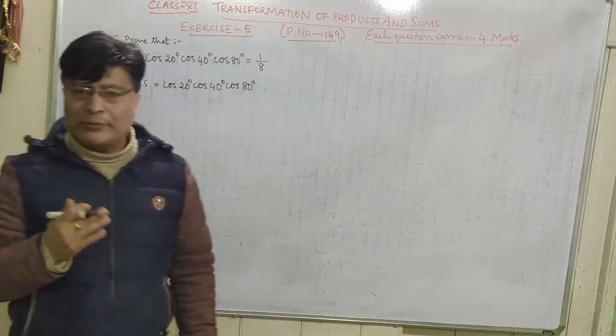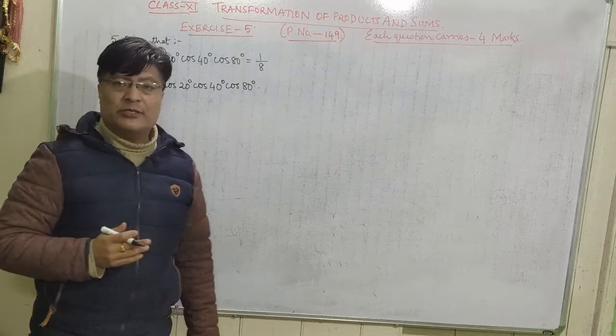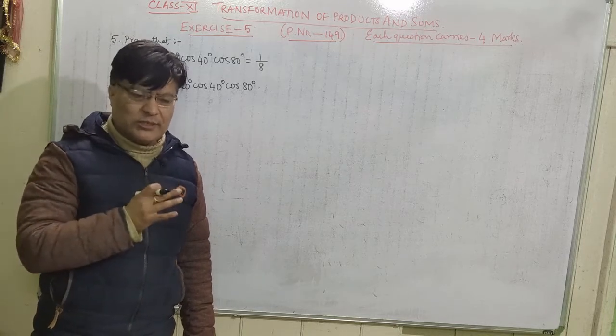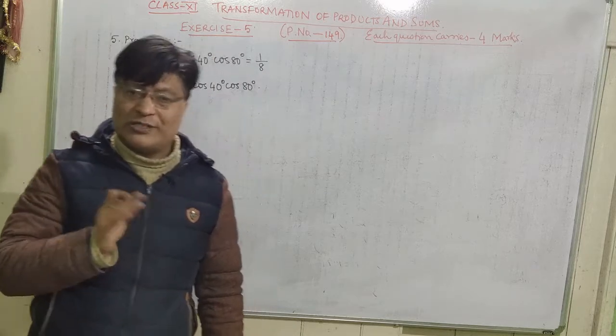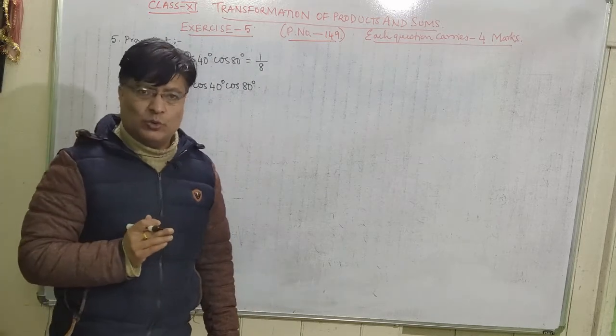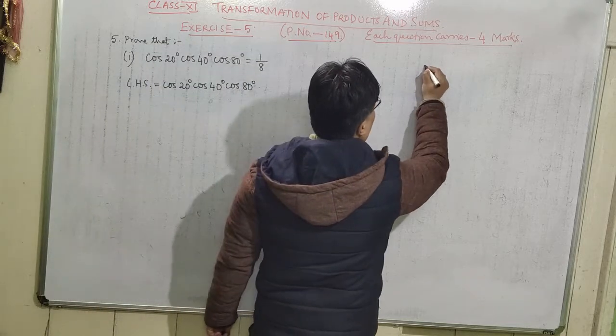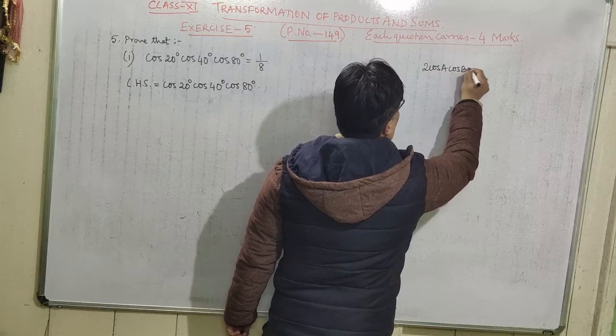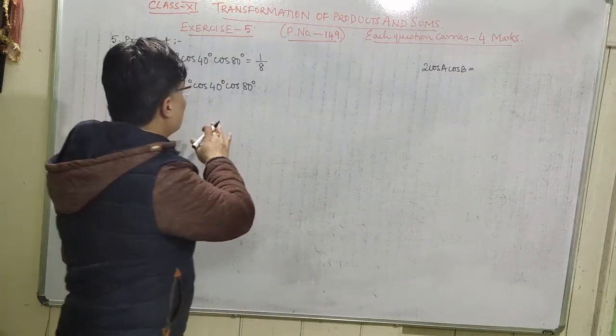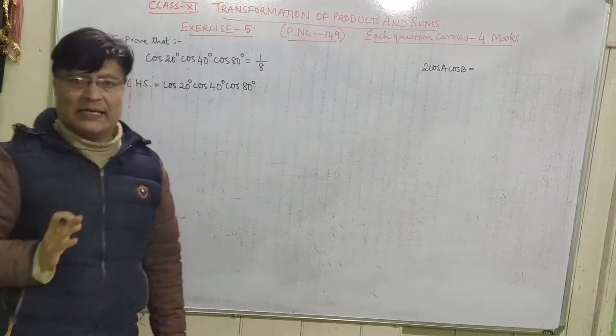So in this case we have to use the formula from transformation of products and sums. This is the product given, so you can use the formula of cos A cos B. Before that we need 2 cos A cos B. In this case cos 20, cos 40, cos 80 are given.